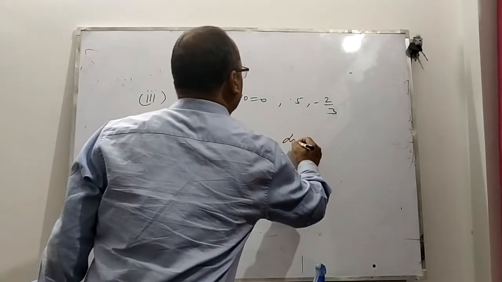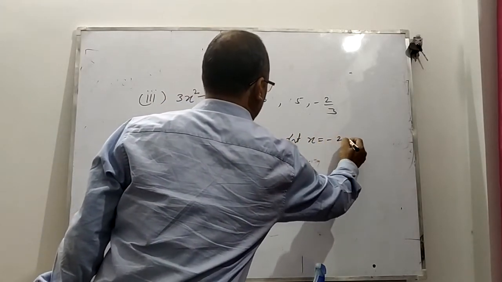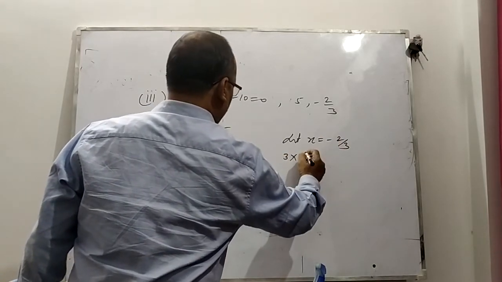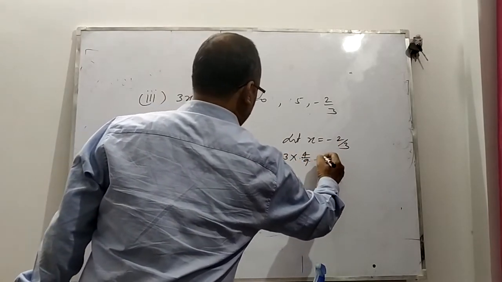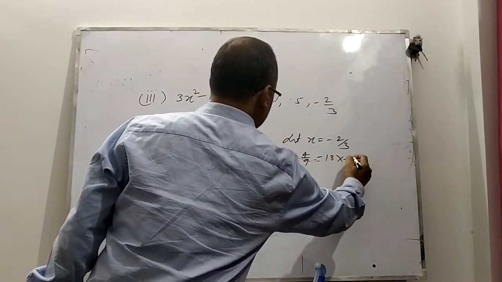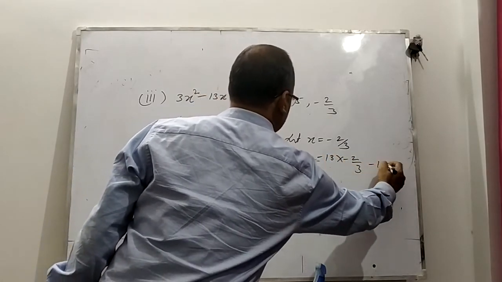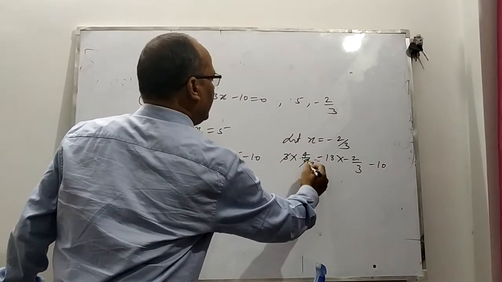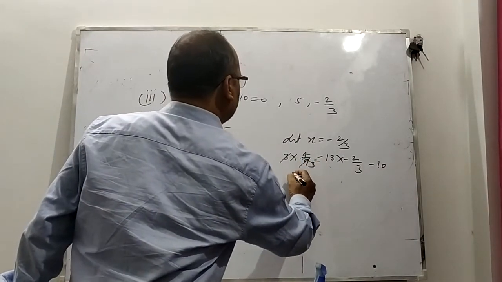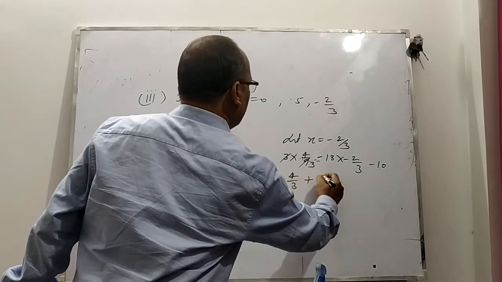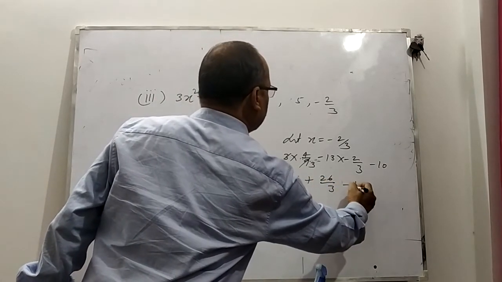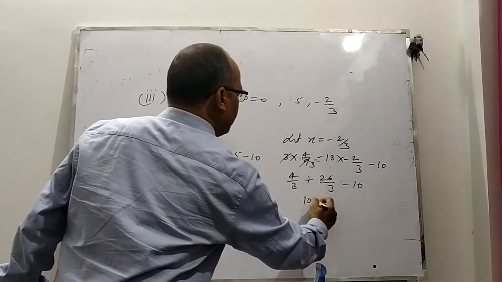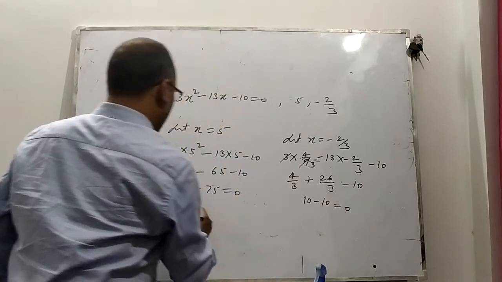Now let x equal to minus 2 by 3. Now 3 into this square will be 4 by 9, minus 13 into minus 2 by 3, minus 10. This will be 3 into 4 by 9, which is 4 by 3, plus 26 by 3 minus 10, this will be 30 by 3 minus 10, which is 10 minus 10 equal to 0.